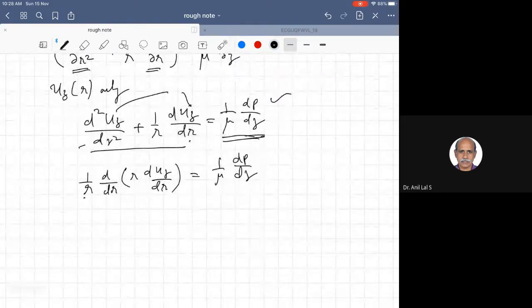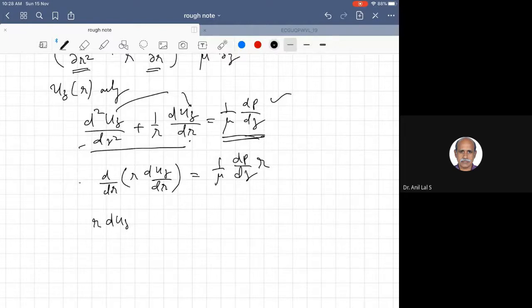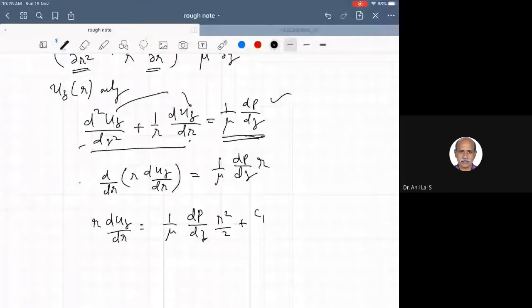Okay, so this r goes to this side, and integrating once with respect to r, we get r duz by dr is equal to 1 by mu dp by dz, r squared by 2, plus some constant C1.